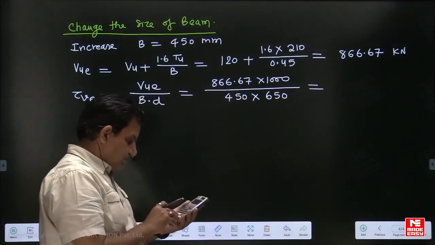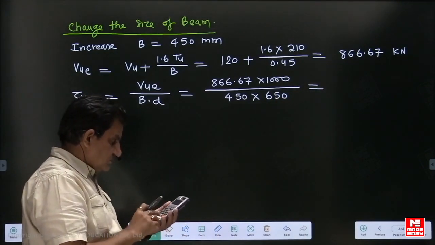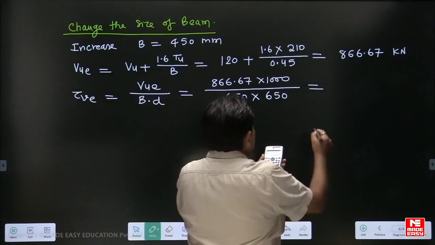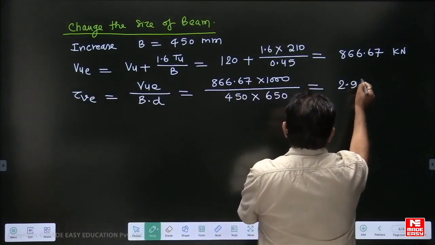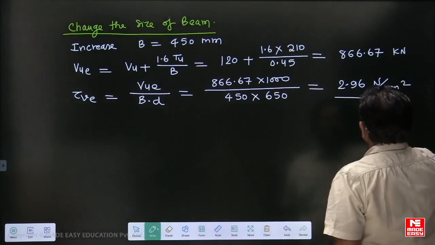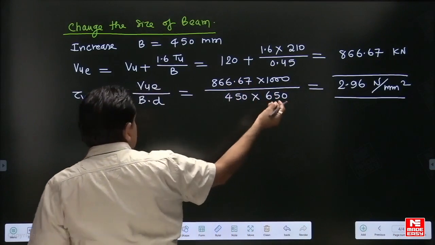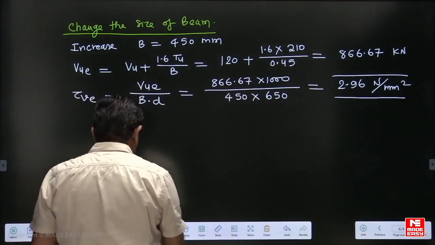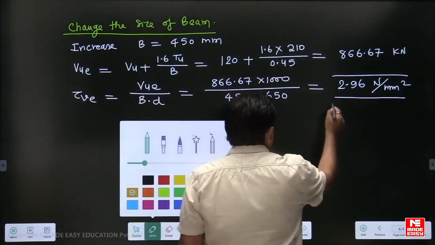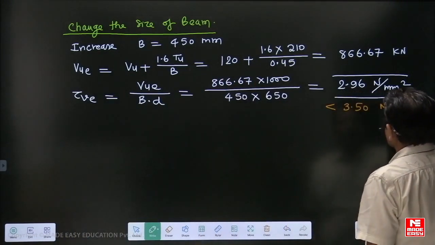See, I am getting the value. It is 2.96 Newton per mm square. See, you have both options. This is also correct. This value has become less than 3.5. So it's okay. This is less than 3.5 Newton per mm square.